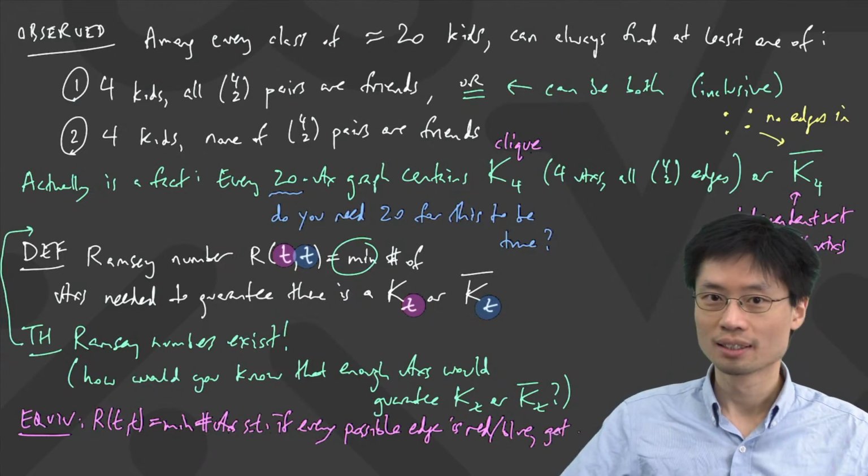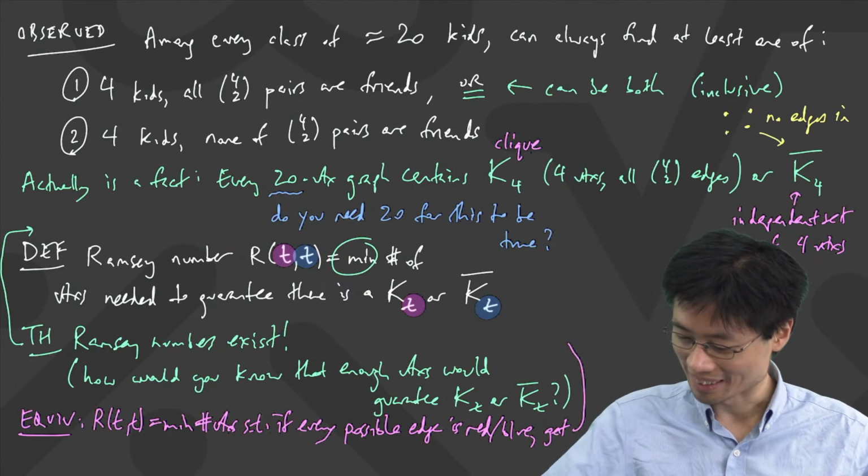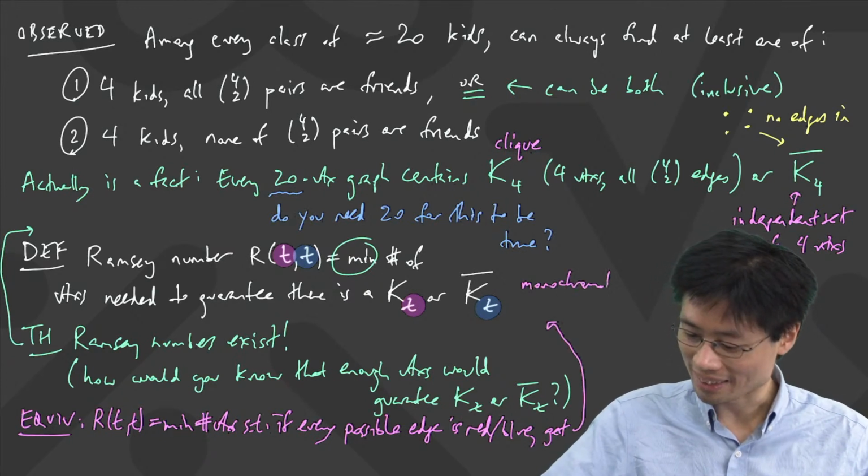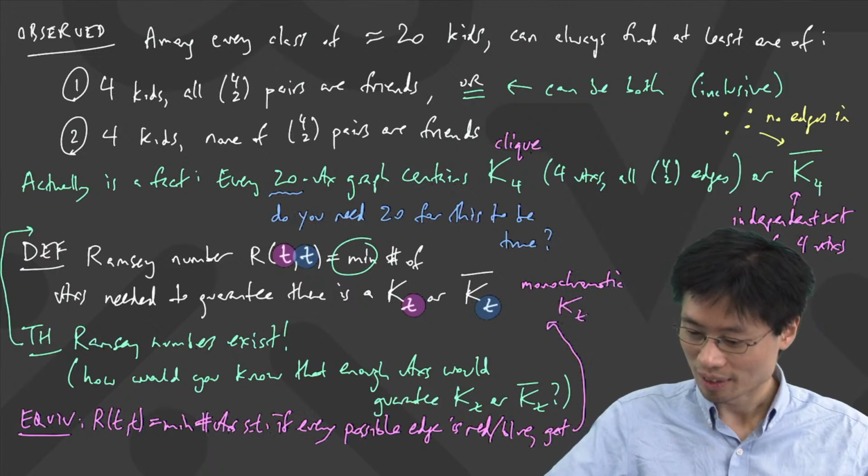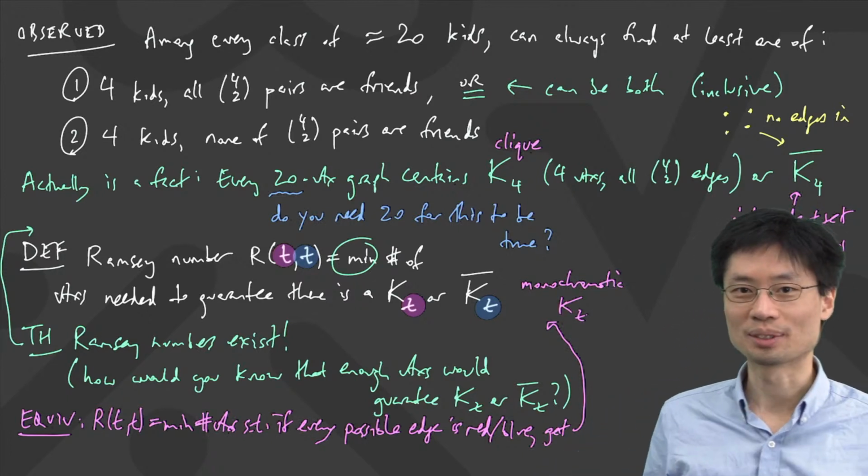How do I write this? Let's go up here. Monochromatic K_t. I'm going to attempt to stand out of the way.